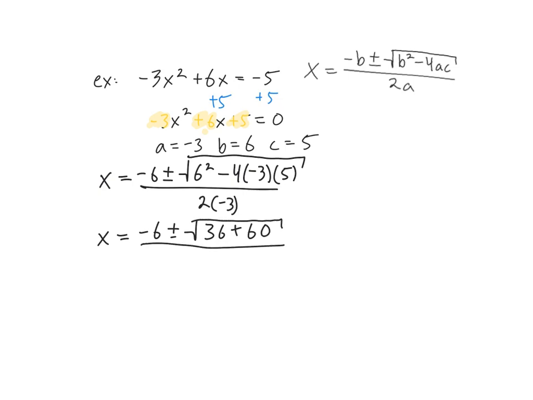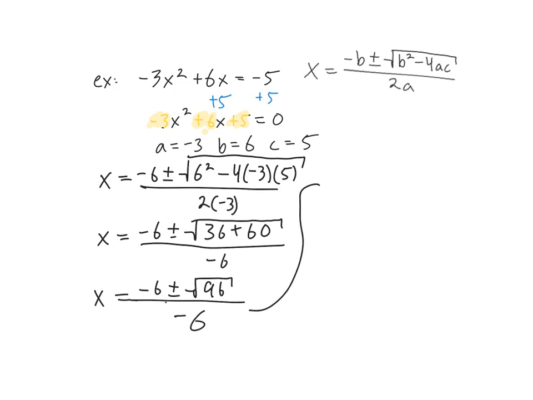Okay. And then on bottom we have negative 6. Okay. We have x equals negative 6 plus or minus the square root of 36 plus 60, it's 96, over negative 6.